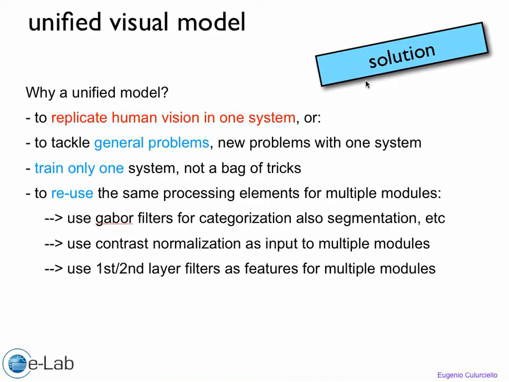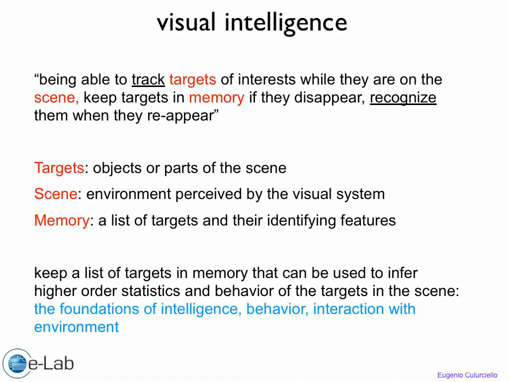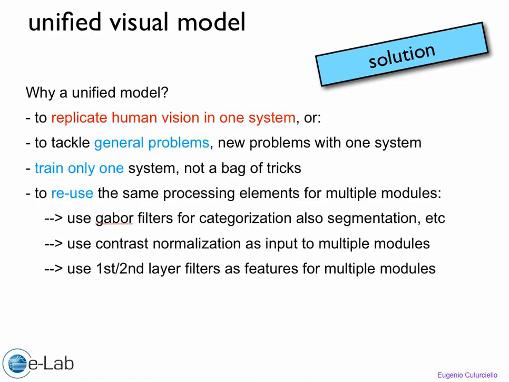And what's the solution really? The solution to this problem is a unified model. It's a unified model that can replicate human vision in one system, basically, and is able to tackle general problems, the problems identified by the visual intelligence definition that I reported before. The idea is to train only one system, not a bag of tricks or multiple systems.